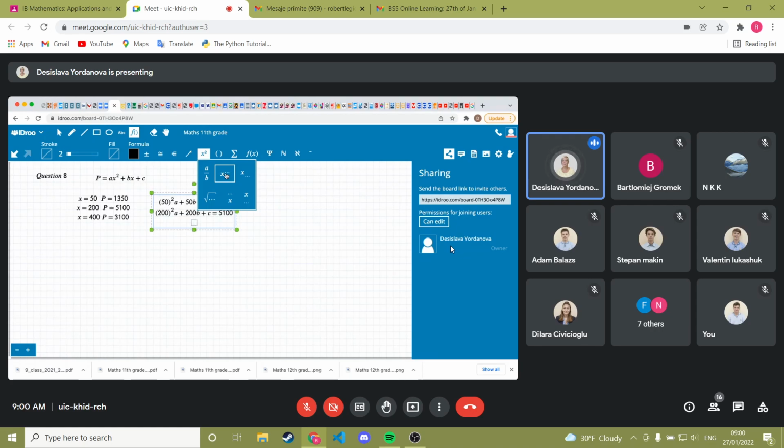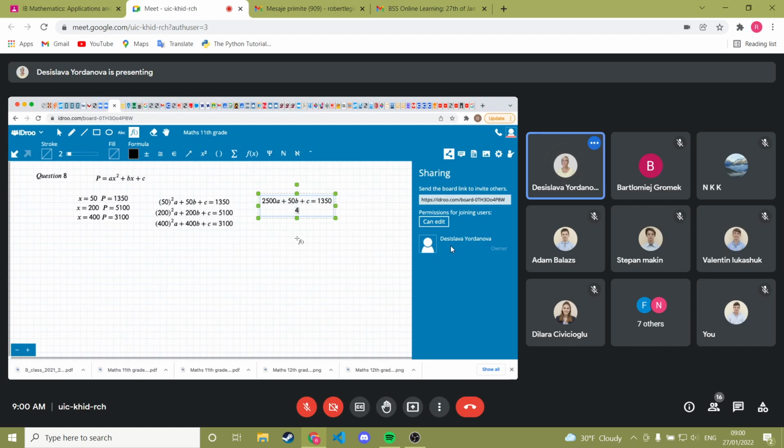And for the last one, 400 squared A plus 400B plus C equals 3,100. When we square the numbers at the beginning, we will have that 2,500A plus 50B plus C equals 1,350.